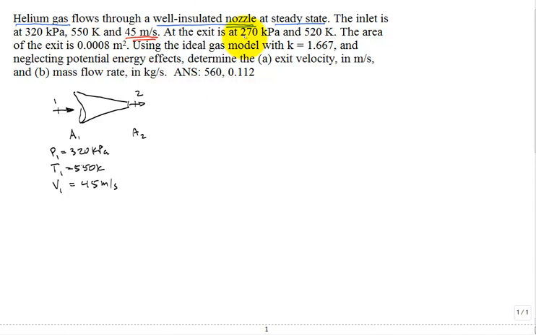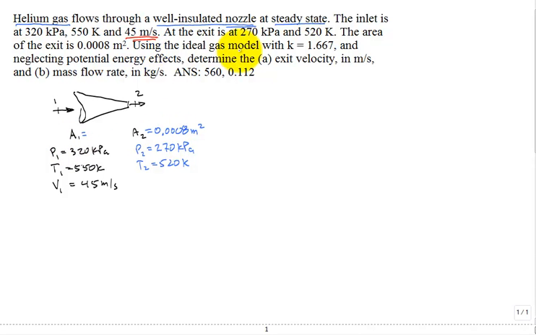At the exit, the pressure P2 is 270 kPa, and the temperature T2 is 520 Kelvin. The area at the exit is also given to be 0.0008 meters squared. They did not give us A1, but they give us A2.